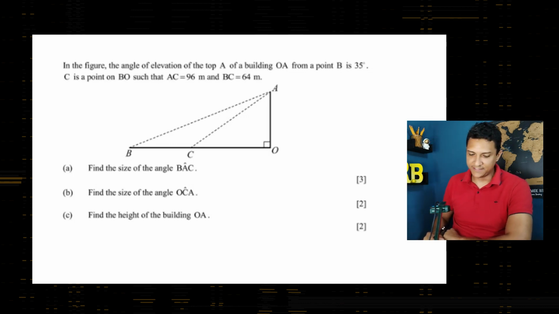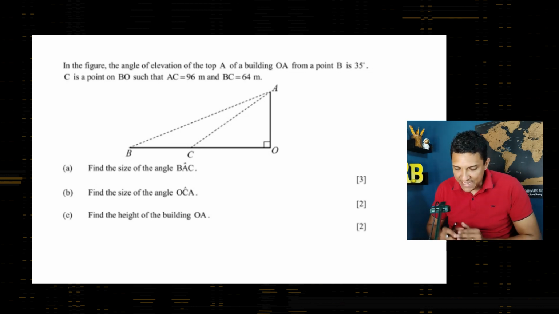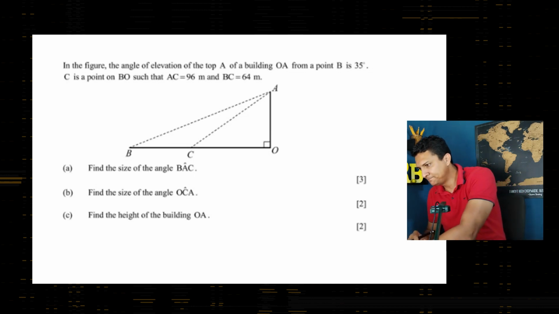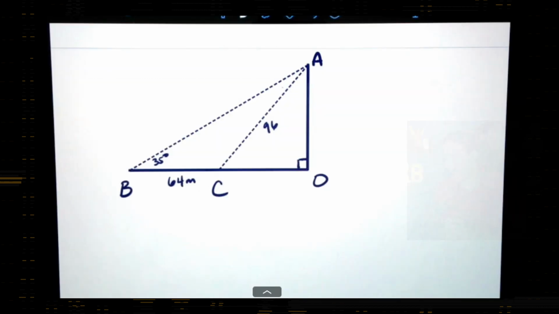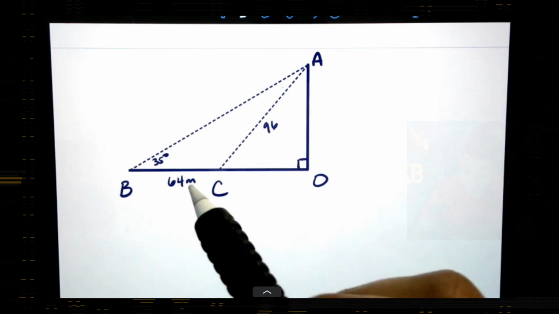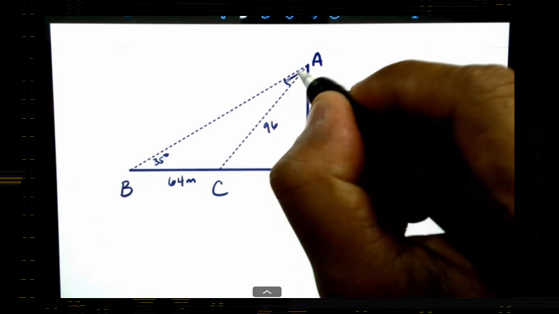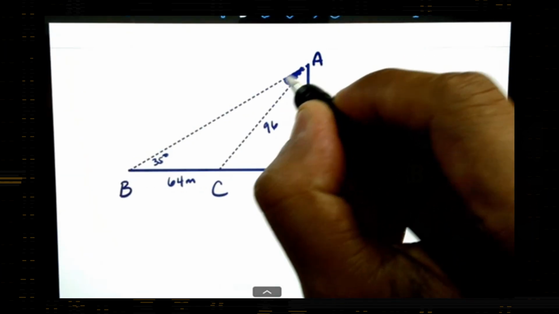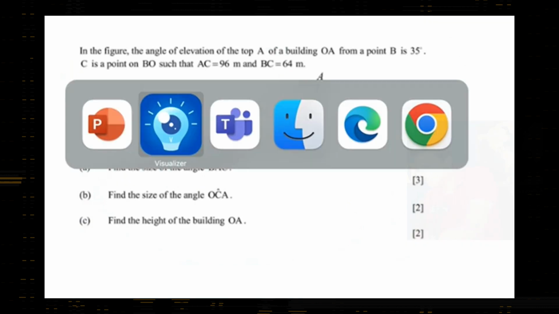So first it says find the angle BAC. Notice that I already labeled all the information that is given. They are asking me for this angle BAC, this one that is here. Yes, angle BAC.